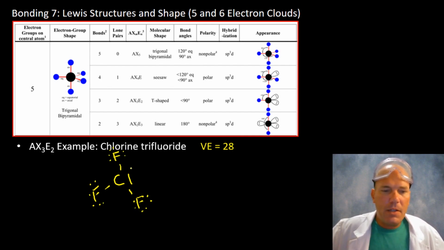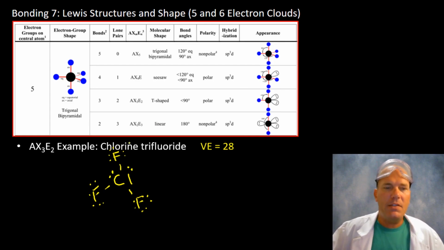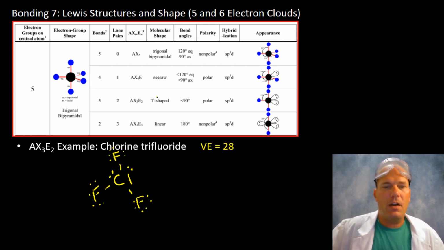And for here, I'm going to end up with 2 lone pairs on the central species, and therefore 1, 2, 3, 4, 5 electron groups, or effective pairs, but I'm going to have only 3 bonded, whereas now I have 2 pairs that are lone.